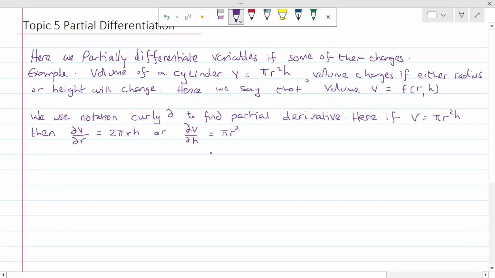That is, here we are going to treat the other variables as constant. These are called first order partial derivatives.